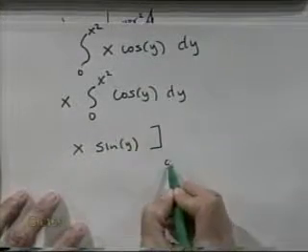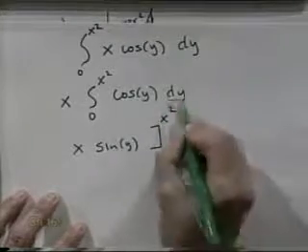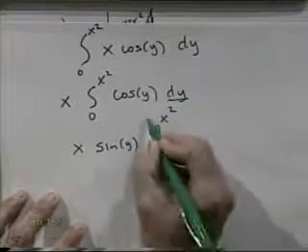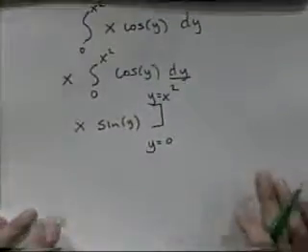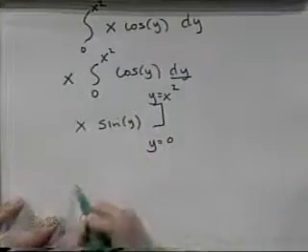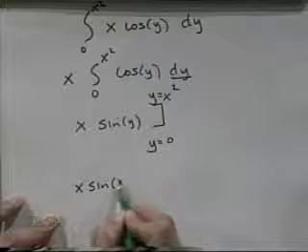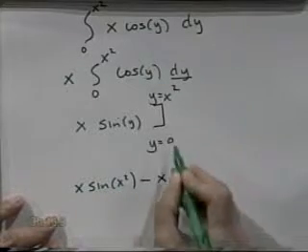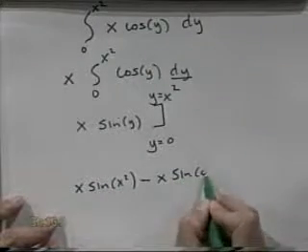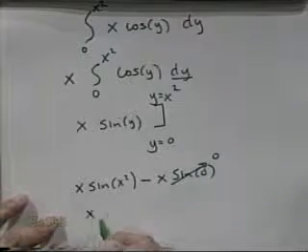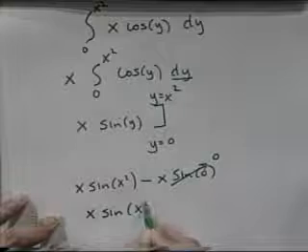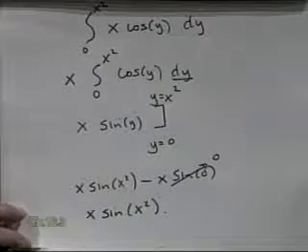And don't just put from 0 to x squared. It's as y ranges from 0 to y equals x squared. Because you can end up plugging in for the wrong variable. So x squared goes in for y, and 0 goes in for y. But the sine of 0 is 0, so we just have for our inner integral x sine x squared.